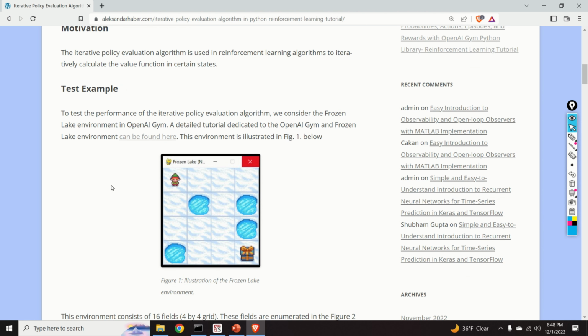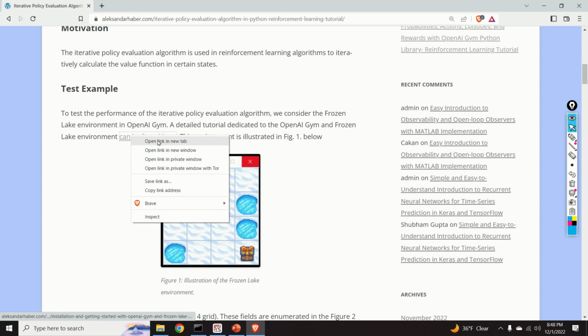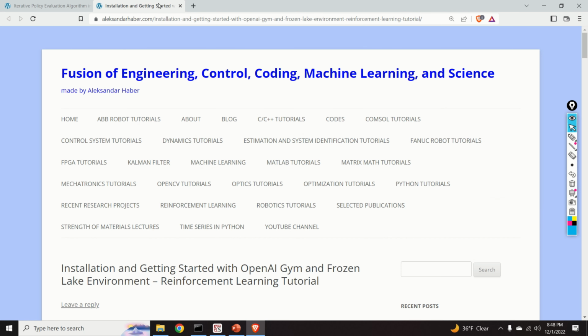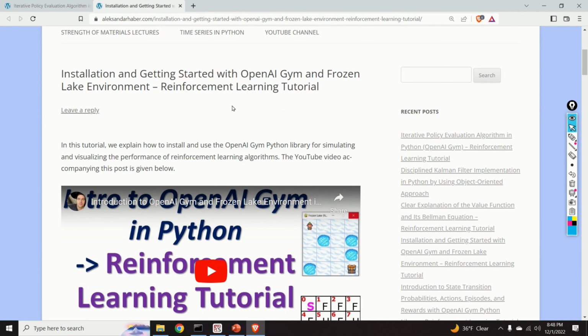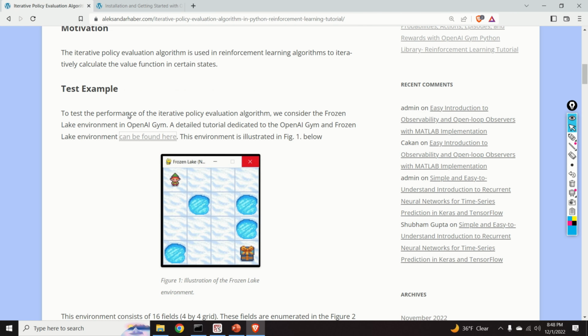To test the performance of the iterative policy evaluation algorithm, we consider the Frozen Lake environment in OpenAI Gym. A detailed tutorial dedicated to the OpenAI Gym and Frozen Lake environment is given over here. You can follow this link to learn more.